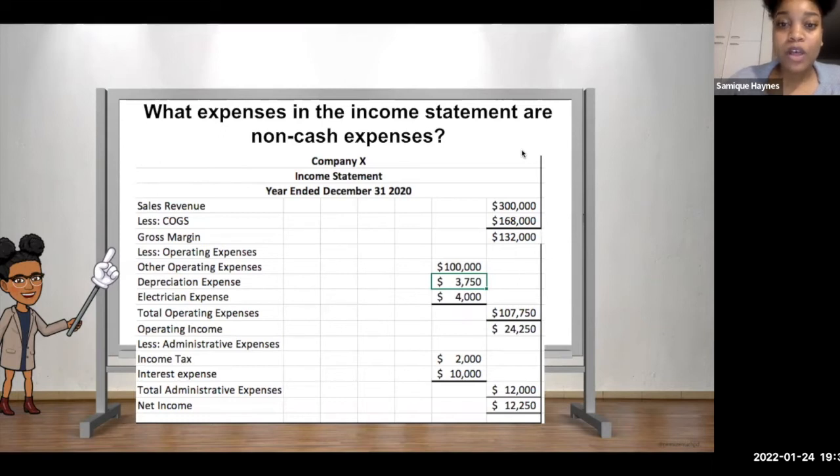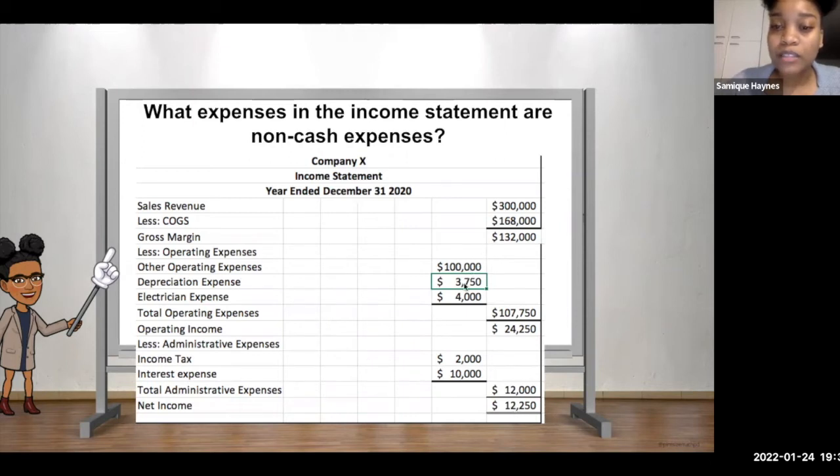Okay, so this is an example of an income statement for company X. The date that it's prepared for is the year ended December 31, 2020. We have here under operating expenses, a depreciation expense. Depreciation expense here is referred to again as a non-cash expense. What does that do to this net income figure here?